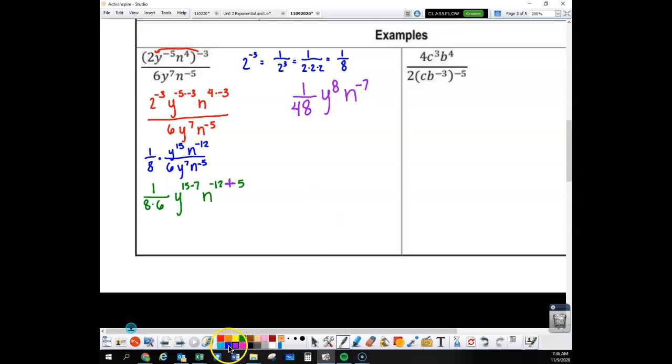So my final answer is going to be y to the power of 8, because that's all that's left in the numerator, over 48 n to the power of 7, right? Because a -7 means I put it in the denominator. And this is my answer.